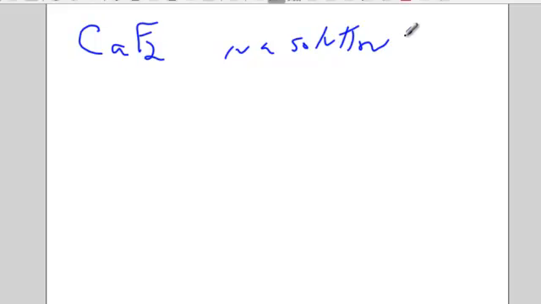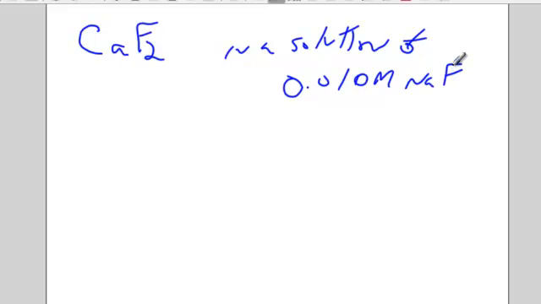Now, when you're thinking about dissolving, there are some things that will change the solubility, and mostly they're applications of Le Chatelier. So, for example, let's say I have CaF2, and I want to calculate its solubility, but in a solution of 0.010 molar NaF.